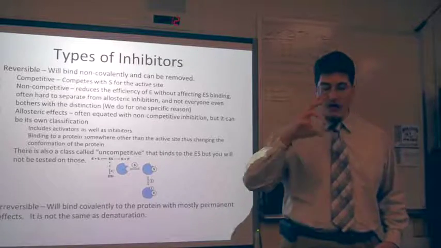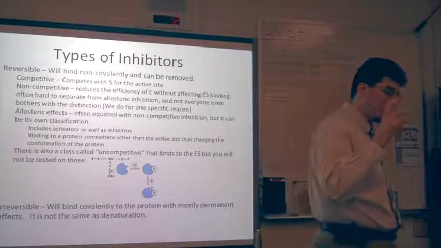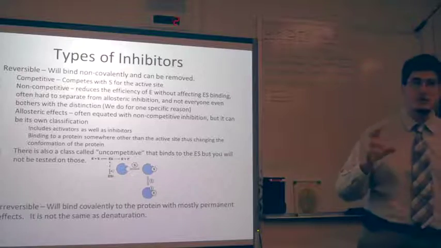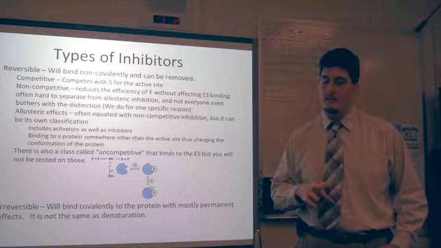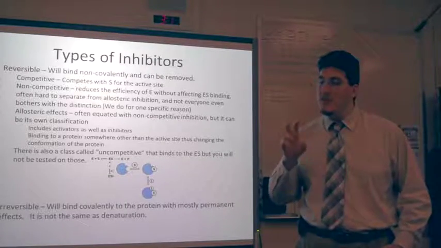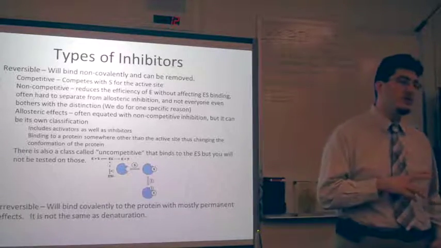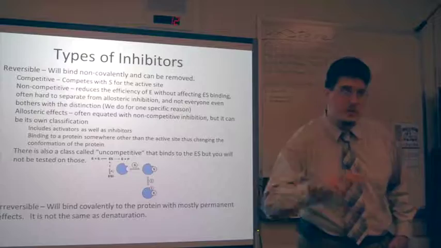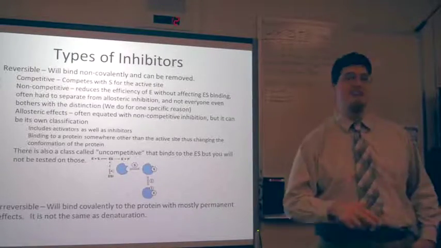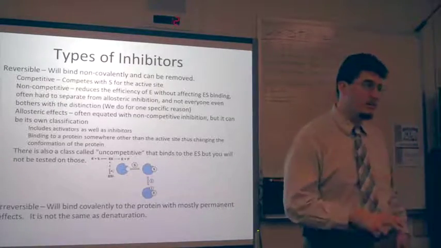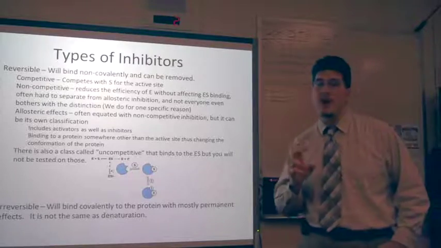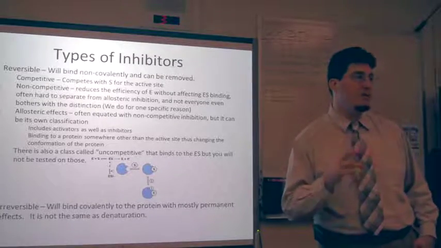Oftentimes they will ask you for specific definitions to define something or to name the type of inhibition. If they give you a type of inhibition that is an allosteric inhibition, you need to say allosteric inhibition, not non-competitive.